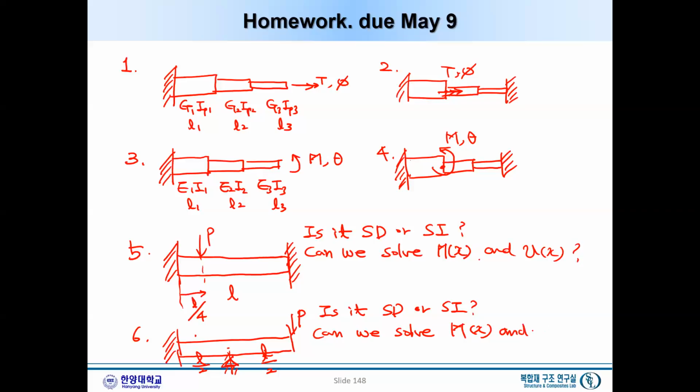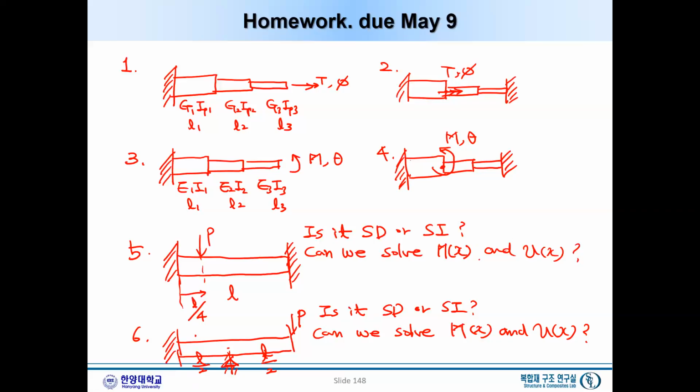I'm sure you can easily answer whether it's statically determinate or indeterminate, but not sure you can solve for moment or deflections.